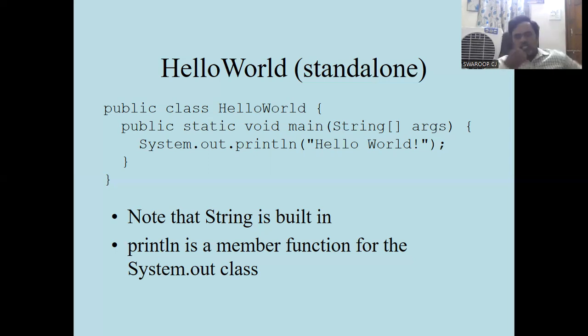In the same way we have strings. These are all called the non-primitive data types. So what is the difference between primitive and non-primitive? The non-primitive data types are created with the help of classes. Primitive data types are directly declared.